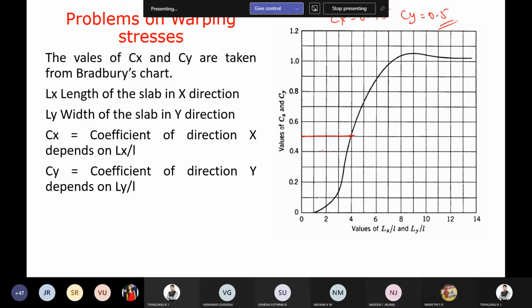What is the interior stress you have got? 19.74. Okay. What is the edge stress you have got? 19.55. Okay. What is the corner stress? 5 kg per centimeter square.